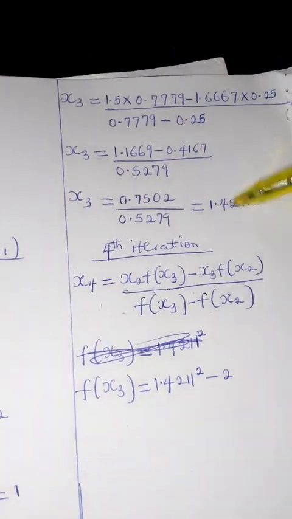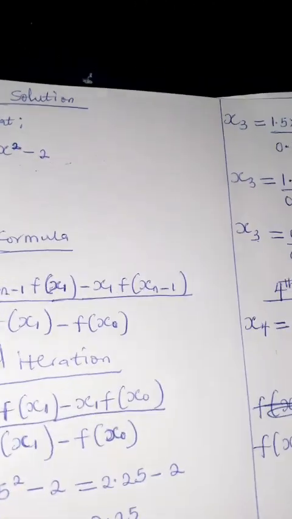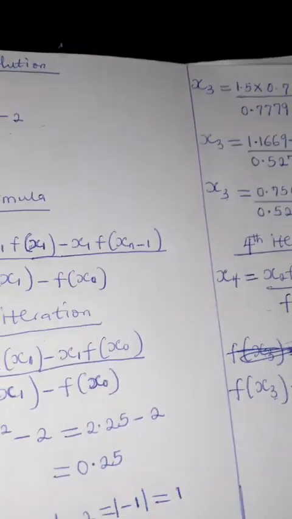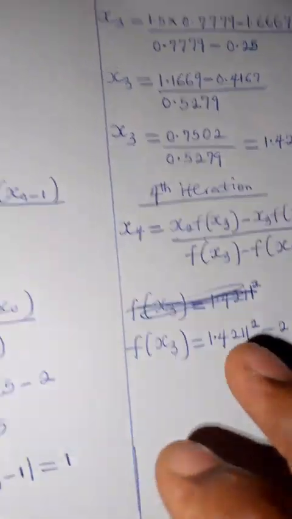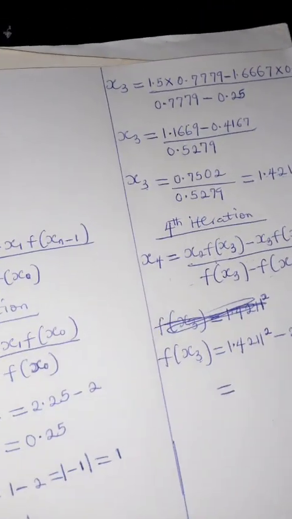So we are going to substitute this into the given equation to get our function of what? X3. So which I've just written here. So this will give us 1.4211 squared.